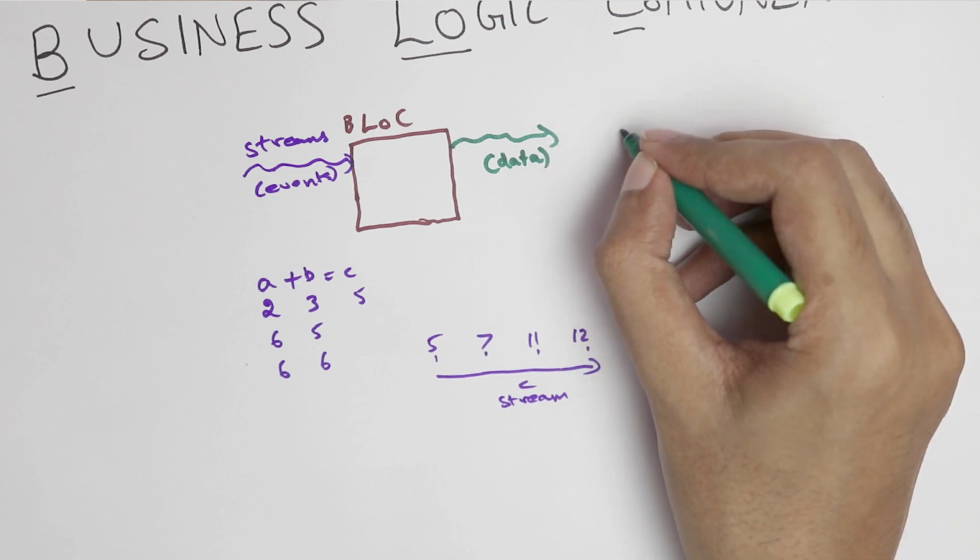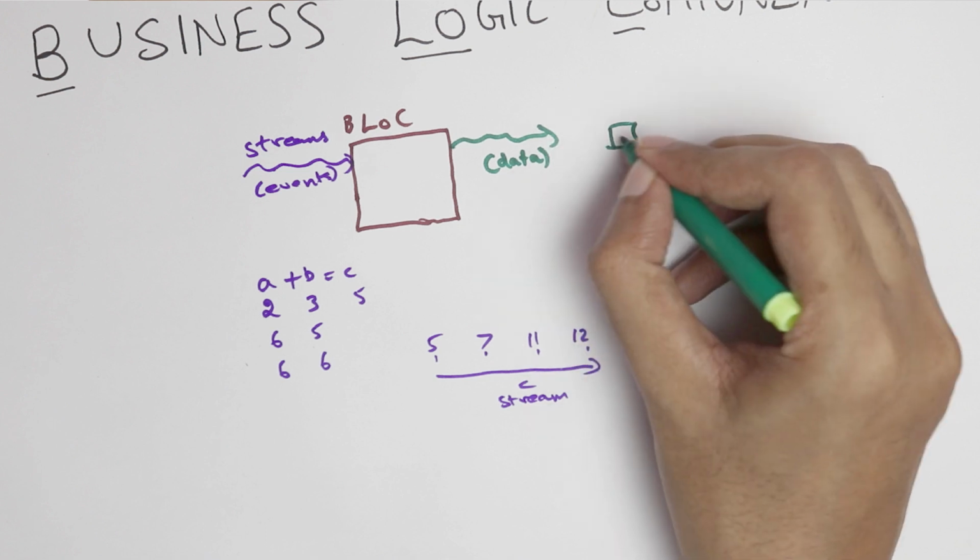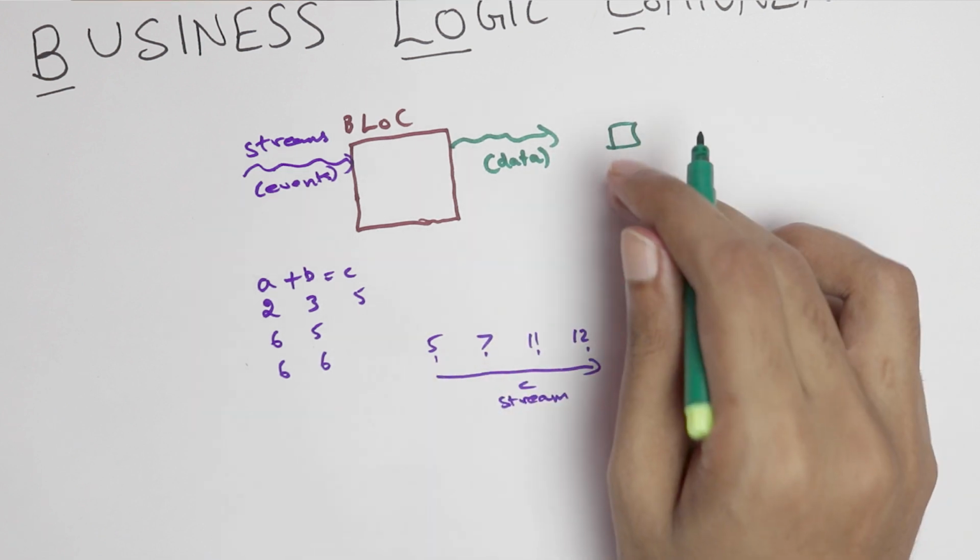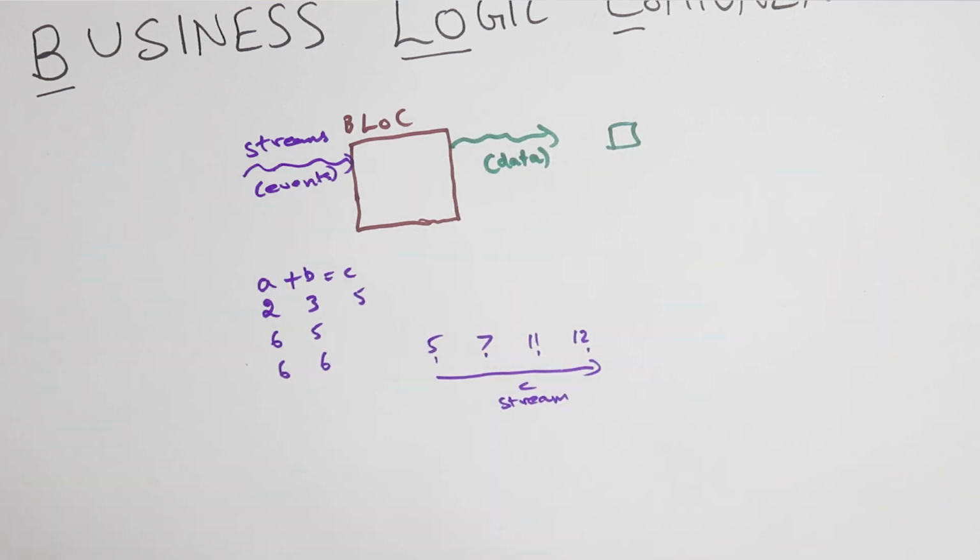Whichever widget is listening to this particular stream will take up this data and use it accordingly. Say for instance, show it on the screen, or throw a notification for the user saying that his data has been saved or something like that. This is the BLoC pattern, the business logic component pattern. Very simple explanation of this. We are using streams completely to maintain state throughout the application.